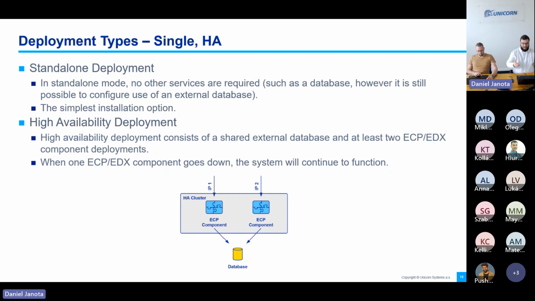Also, when one of them goes down, the system will still continue to function without any outage. It is also possible to use a database cluster for the high availability deployment.